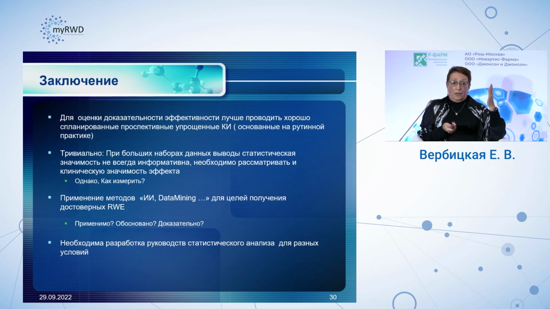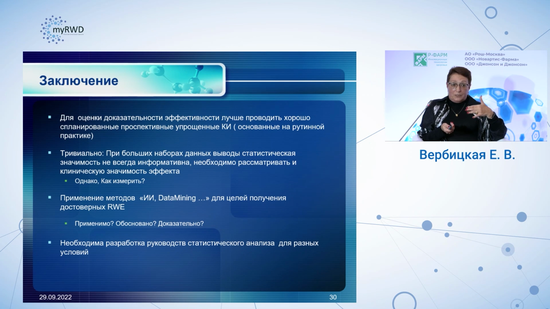Now, the use of artificial intelligence for making regression models is also discussed. But is it justified? Will we get an effect, and how can we get this effect? And the next point, development of statistical analysis for different conditions.